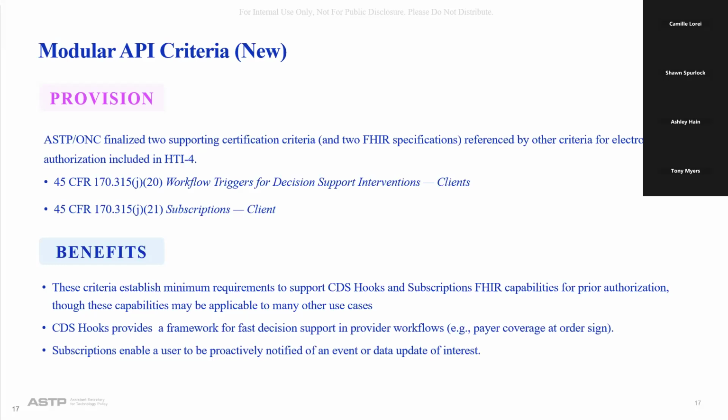And in HTI 2, we talked about trying to take a different tack to how we thought about the certification of API functionality. So we took some time to deconstruct G10 into various J criteria. And we also used the J criteria to introduce new functionalities like CDS hooks and subscriptions.